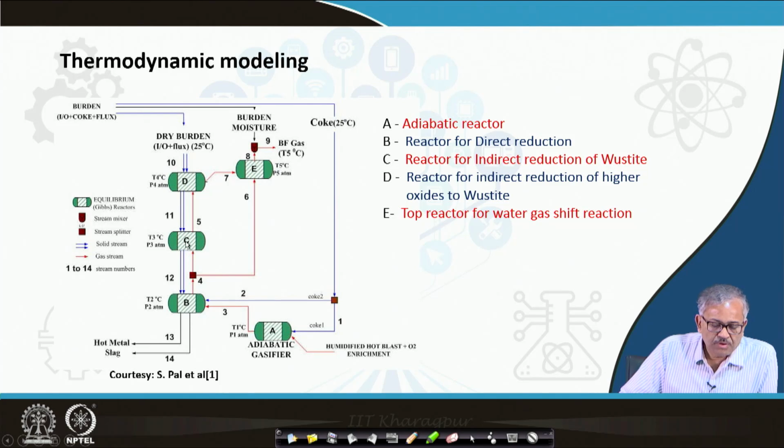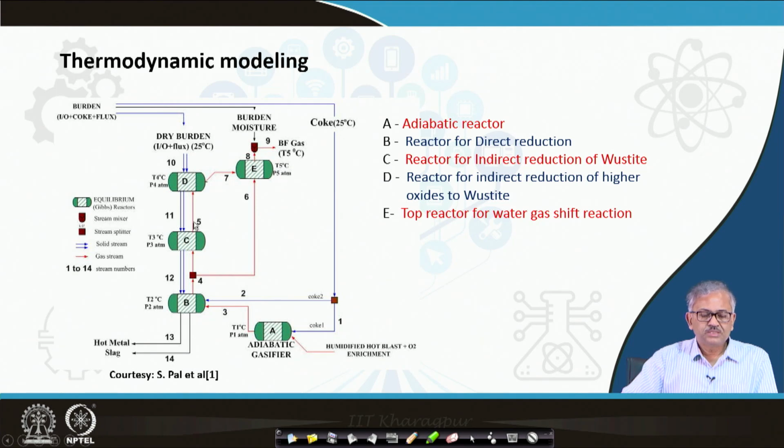Then, this thermodynamic reactor will also come to an equilibrium. Here, obviously, if you have wustite equilibrium, the O to C ratio will be, as you can understand, 1.3.